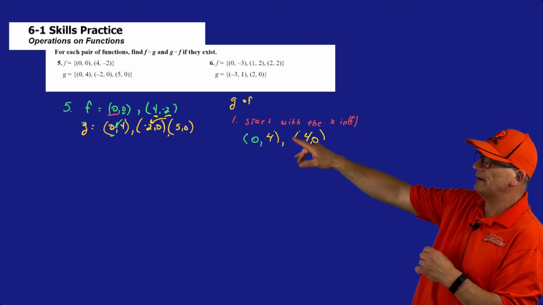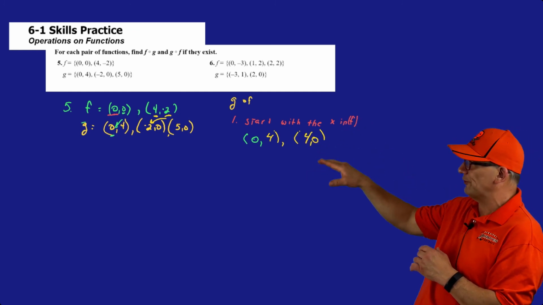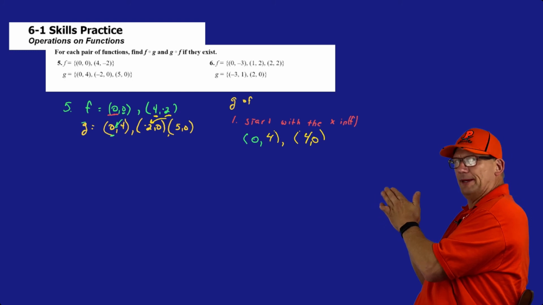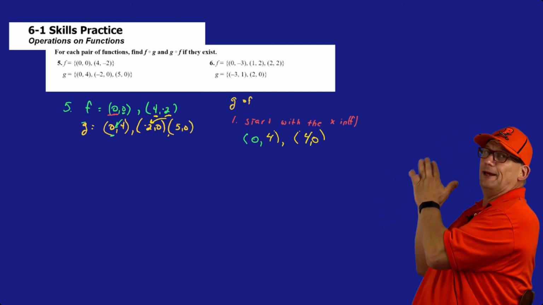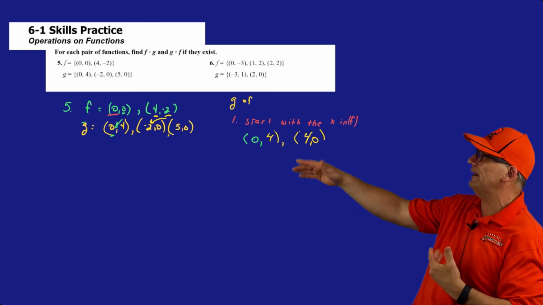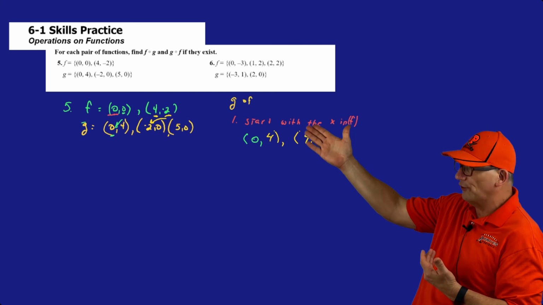The first x coordinate of f is 0. The y coordinate of the f is 0. Now, match the y coordinate of f, which is 0, to the x coordinate somewhere of g. So where in g is 0 for x? Well, right below it is 0, 4. So those match up.